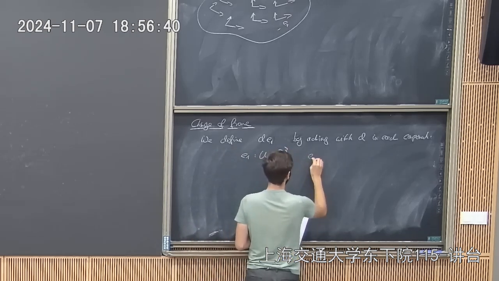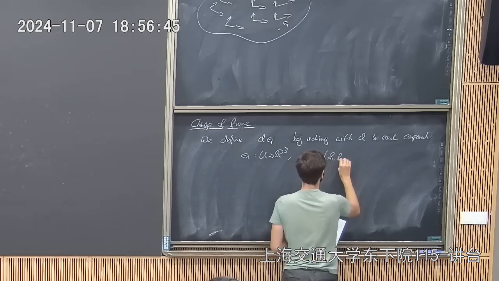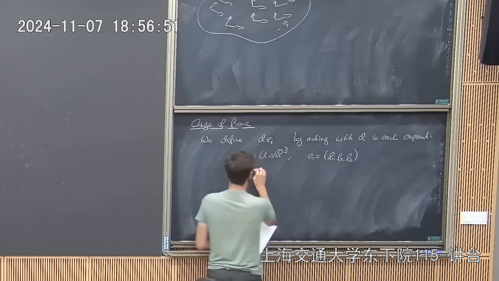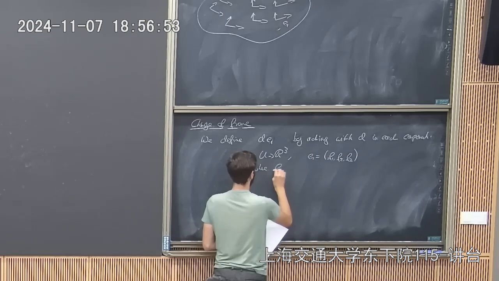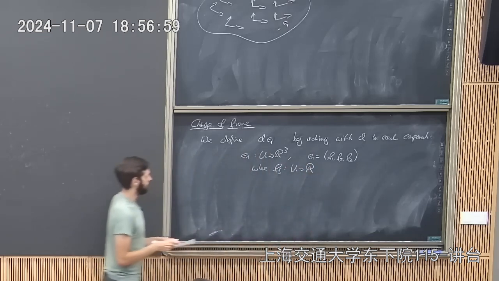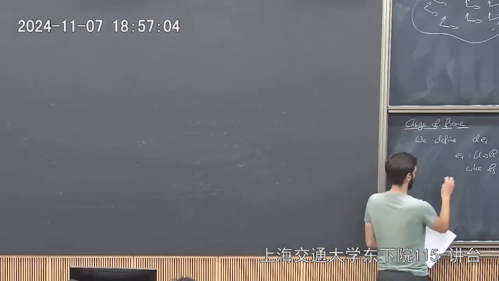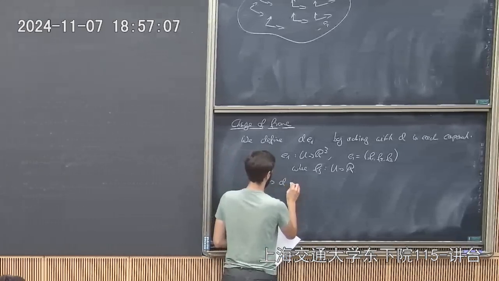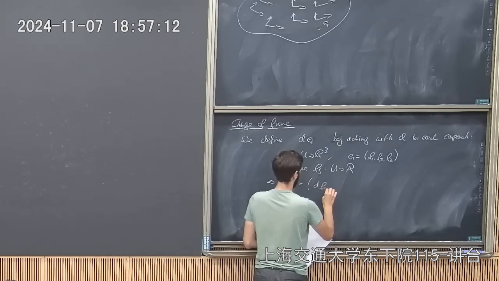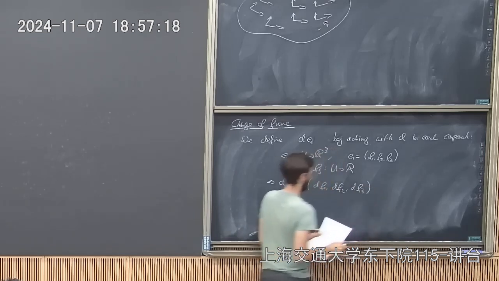So we can write it as E1 having three different components, say f1, f2, and f3, where each of these f's is now just an ordinary function. So the x component of E1 is f1. And then we define d of E1 equals d of f1, d of f2, and d of f3.